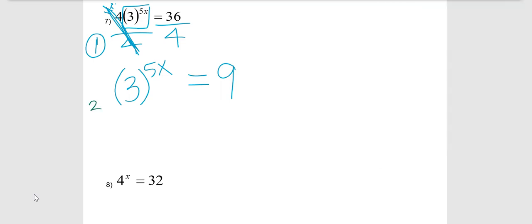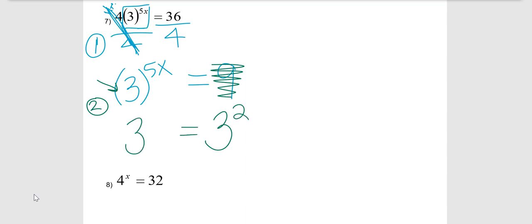Step 2 is we want to make both sides have the same base. So I'm going to take the smaller number, which is 3, and I could take 9 out and rewrite it as 3 to the 2nd power. And now both sides of the equation have the same base. They both have 3.